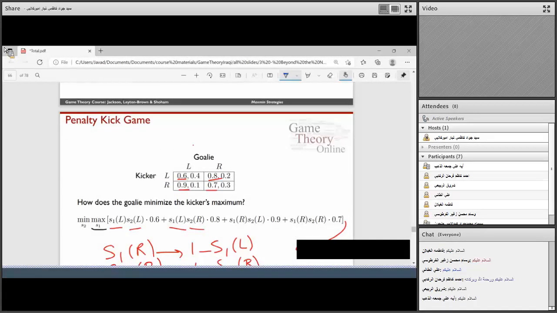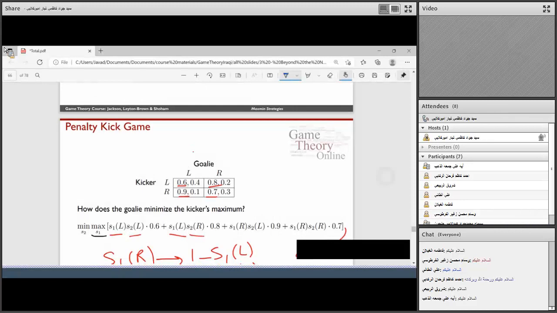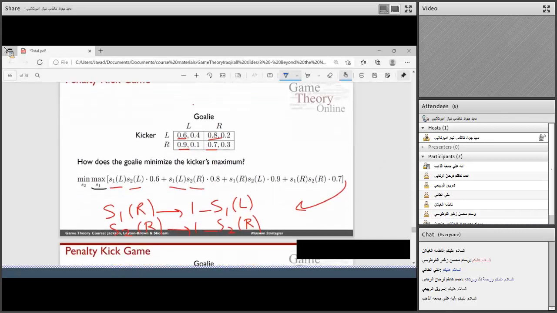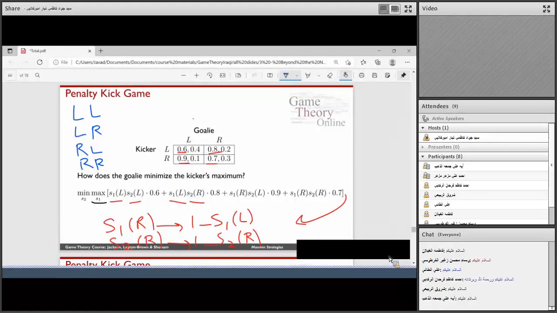Okay, and then the way it's done is that we will, this is the problem, min S2 max S1 of the game. Now, in order to do that, we realize that there are 4 different combinations. These are the combinations: L, L, L, R, R, L, and R, R. Where this is player 1, this is player 2.